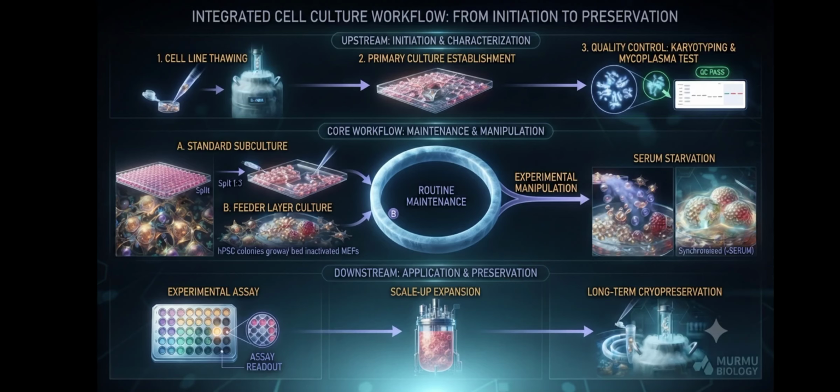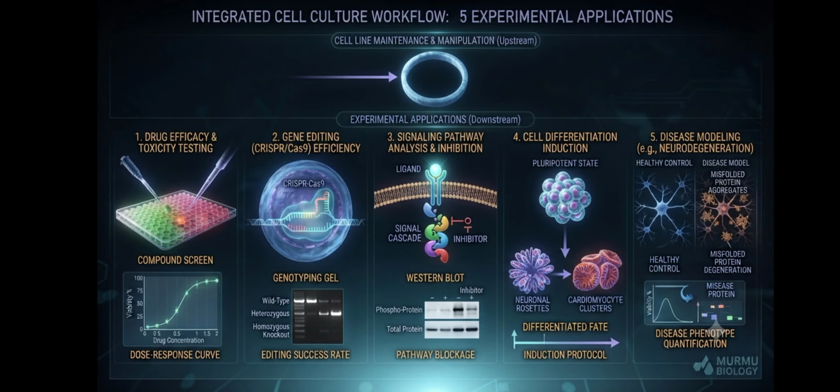It is acted upon as the primary culture, and then it undergoes quality control, and it has a feeder layer culture, and it has experimental manipulation, and the serum is stored for a particular study, and the experimental assay is done to read what the study is saying. Again, the particular cell is scaled up and preserved in cryopreservation. So this is a typical workflow of cell culture.